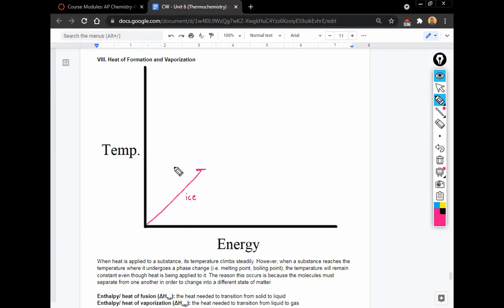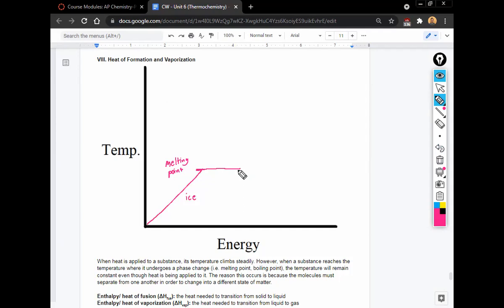So at a certain point, we're going to hit what we call the melting point. That's the temperature at which the solid becomes a liquid. For water, that's 0 degrees Celsius. Now, when the temperature of the ice hits the melting point, it's actually going to stay there. The temperature will not go up, even though you keep putting energy into the ice. That's weird, right? You can keep putting energy into the ice, but it won't raise in temperature.